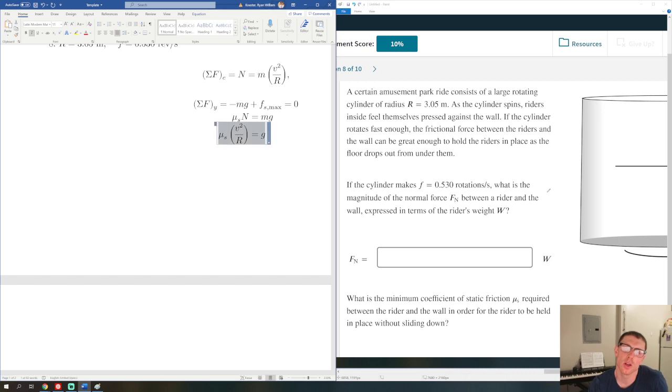You want to solve this equation for the coefficient, and then you can solve this equation for the normal force, right? And you have to be careful here because they want the normal force in terms of the person's weight, right?